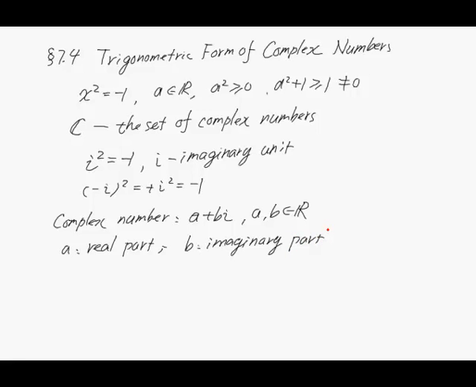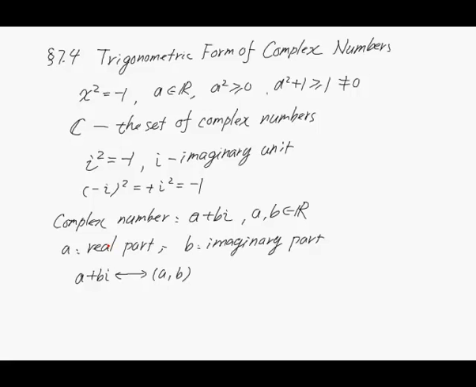So now, given such a complex number, we can uniquely determine an ordered pair. We have a plus bi, then this uniquely corresponds to an ordered pair (a, b). Given an ordered pair (a, b), we can uniquely determine such a complex number.